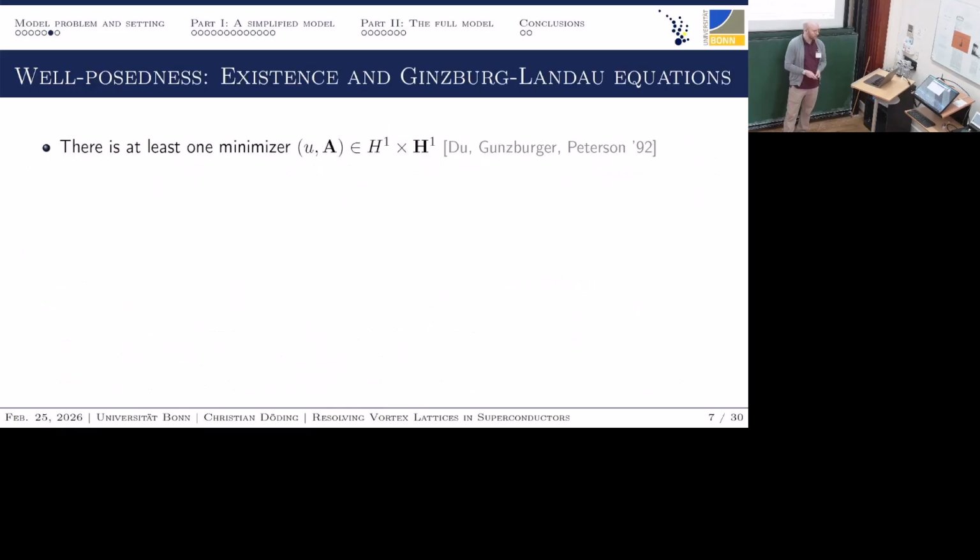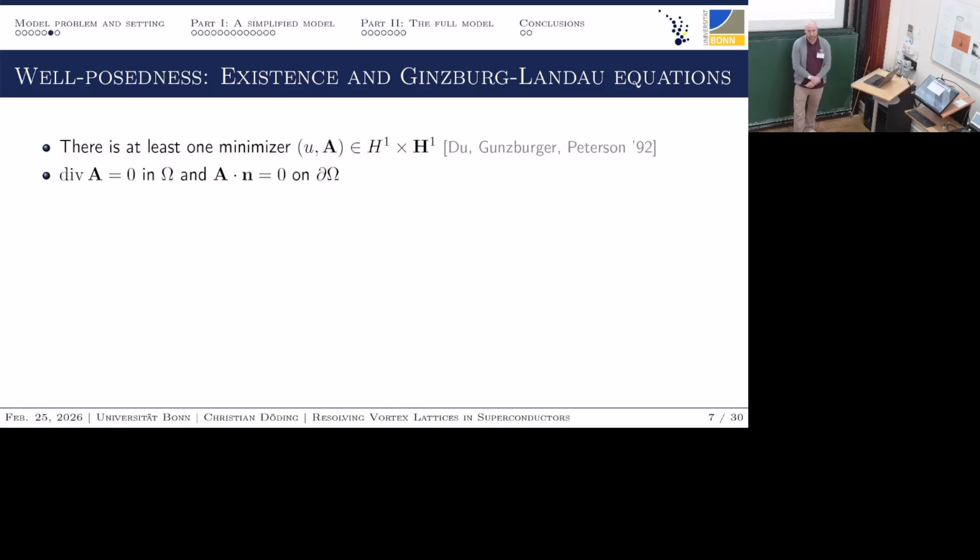Okay, so some preliminaries about the well-posedness. It's rather straightforward to prove that there exists at least one minimizer, which you can find in this seminal work by Chengdu and co-authors. And this minimizer actually needs to be divergence-free in A due to this penalty term of the divergence that I introduced in the energy.